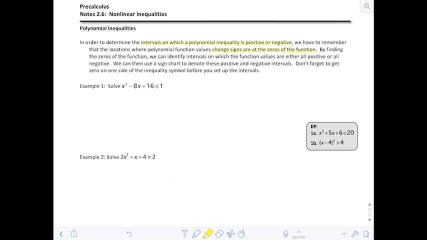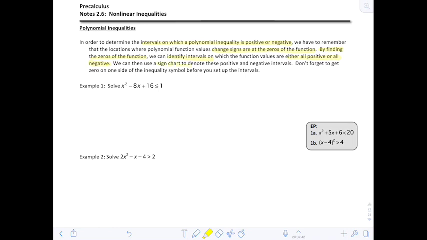So if you think back to the intermediate value theorem, that was a procedure that let us determine that when we went along the x-axis among the consecutive integers, if we had a sign change in our y values, that meant we had a zero of the function or an x-intercept. So we're still going to locate those zeros so that we can look for the sign changes. By finding those zeros, we can identify intervals where we have either all positive or all negative.